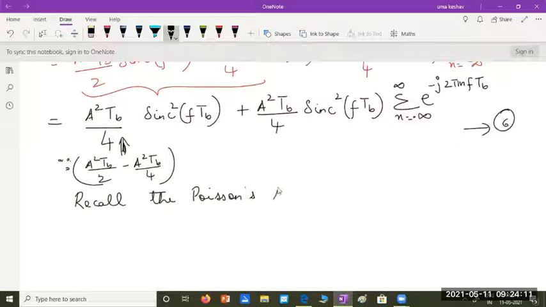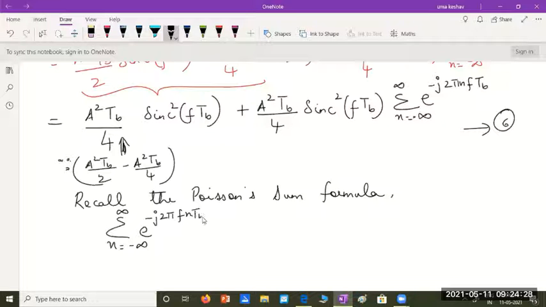Recall the Poisson's sum formula, which states that summation n is equal to minus infinity to plus infinity e to the power of minus j2 pi n f T naught, or Tb, whatever. Since I have Tb, I'll write it here.